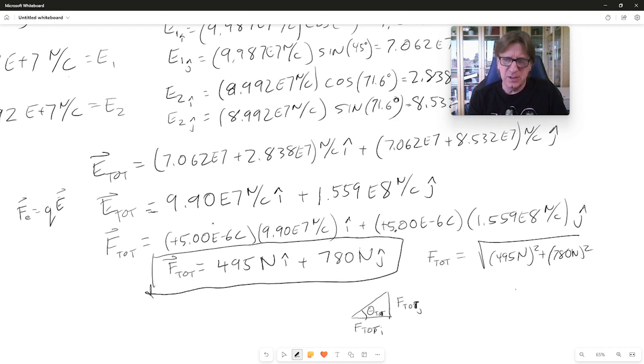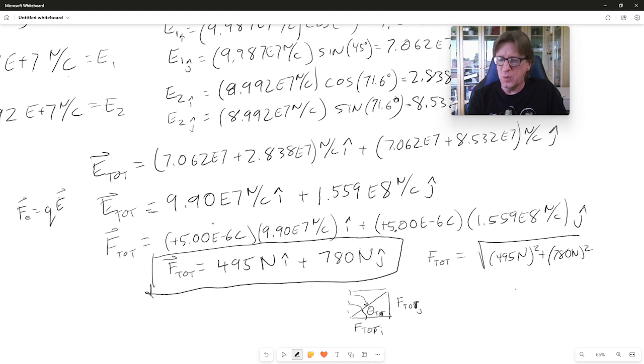It's going to depend which trig function you use, which one you call the opposite and which the adjacent. It depends upon how you draw your triangle, right? Because let's say it was down this way, maybe I wanted to measure it from here for some reason. Well, now, F total I hat would be the opposite, and F total J hat would be the adjacent.